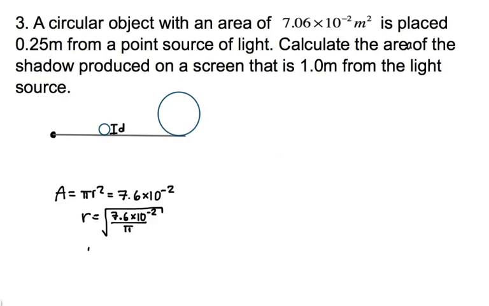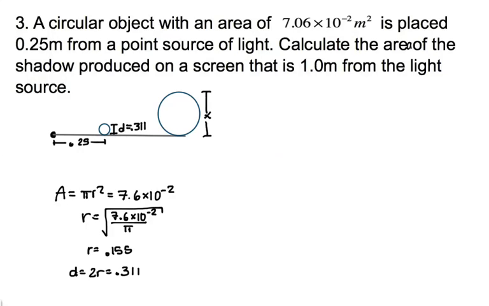So our calculated answer for r will be 0.155. So the diameter is twice that, so that's going to be 0.311.